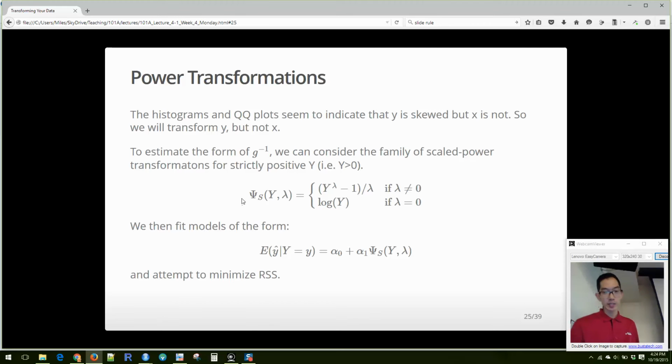So this is the scaled power transform. We use the symbol psi, and now we fit the model based on this, and we try to minimize the residual sum of squares.